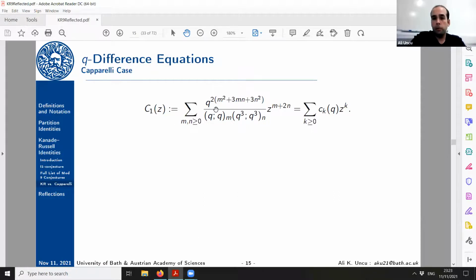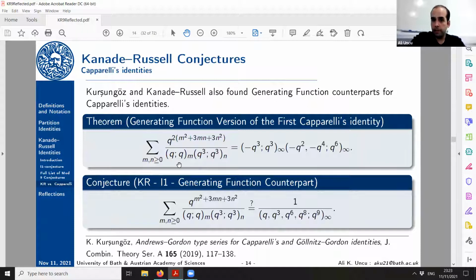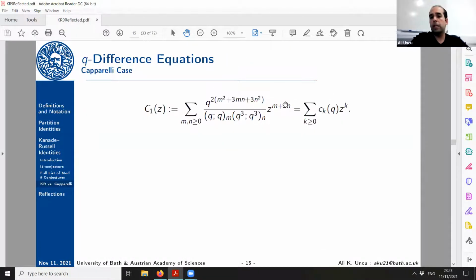So what would you do? You would take your generating function and try to make it bivariate. You just put in another variable, like z to the n plus 2n, and then try to understand if the bivariate generating function satisfies any sort of relation. This statistic here is the number of parts in Kahn's construction, so it is combinatorially meaningful.